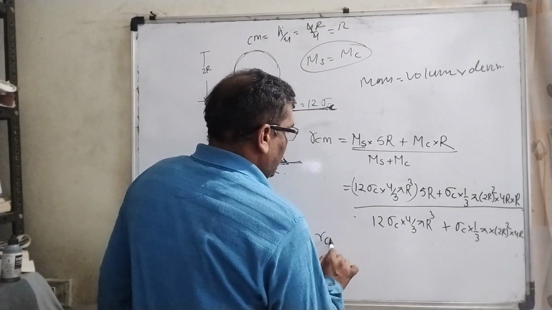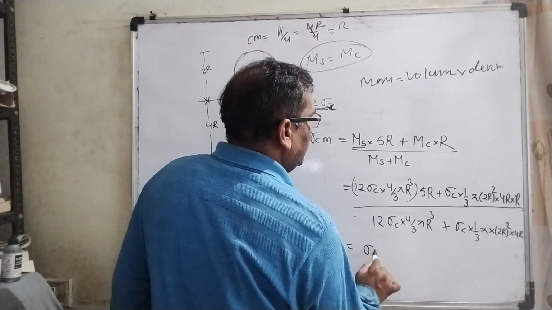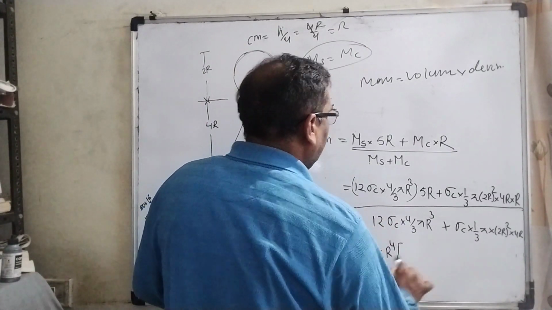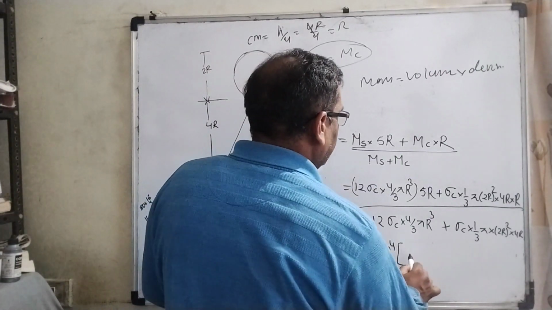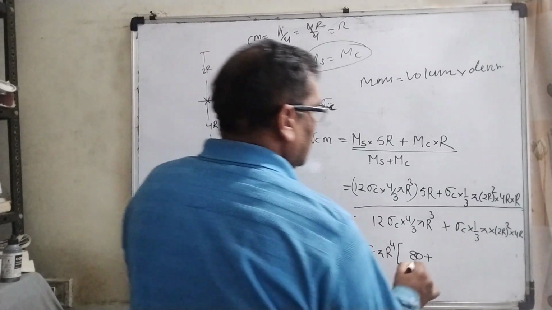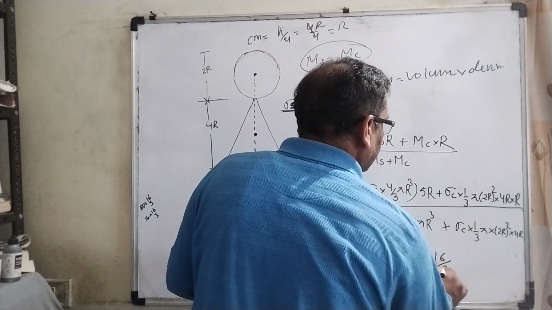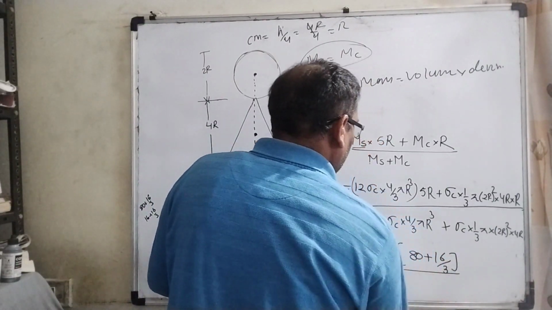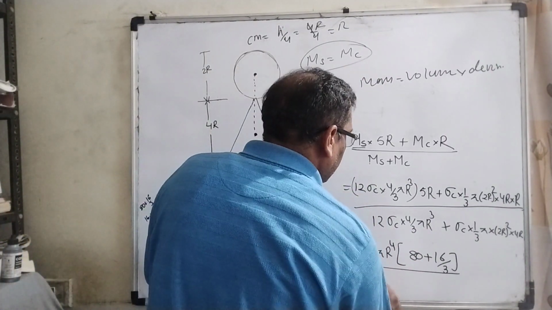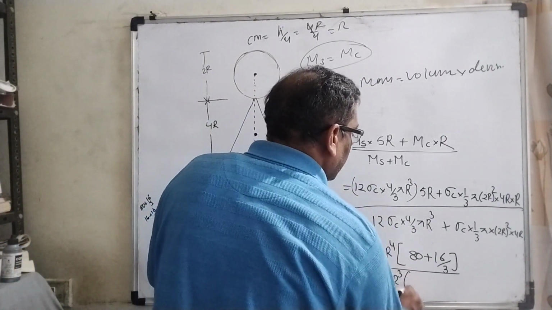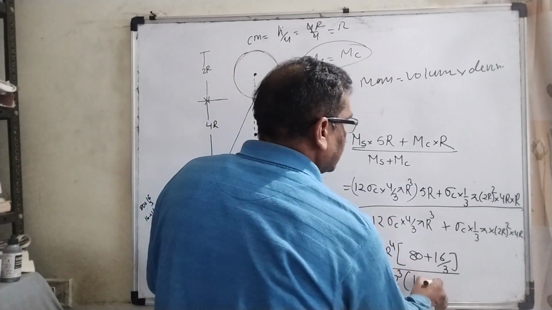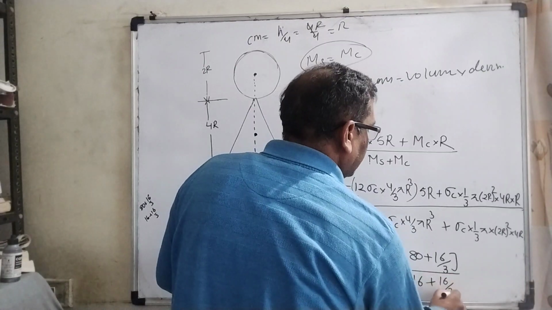Now in the numerator, sigma c pi and r raised to power 4 get common. Then the remaining terms are 80 plus 16 by 3. Again in the denominator, sigma c pi and r cube get common, then 16, 3 fours are 12, 4 fours are 16, 16 plus 16 by 3.